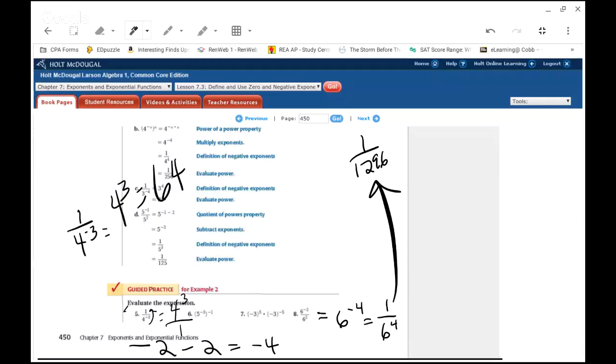We go from 6 to the negative 2 power over 6 to the second, and then we reduce that to 6 to the negative 4. Then to get rid of the negative exponent, we did 1 over 6 to the 4th. And then we plugged in what 6 to the 4th is, and we get a final answer of 1 over 1,296. Okay.